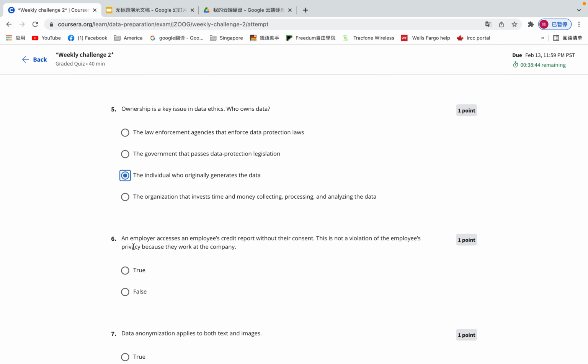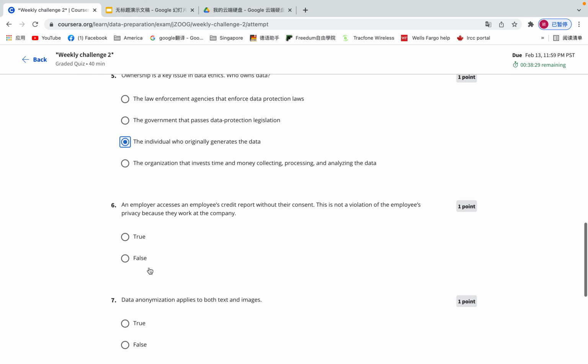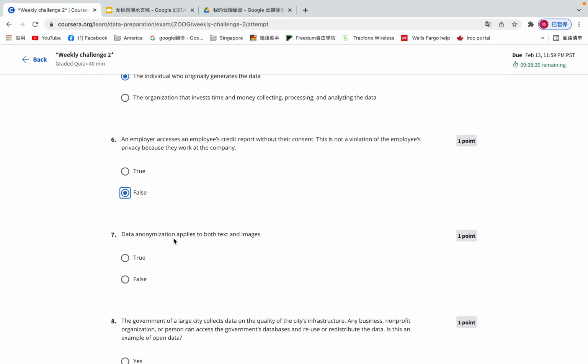Number 6, an employer accesses an employee's credit report without their consent. This is not a violation of the employee's privacy because they work at the company. No. Data anonymization applies to both text and images.